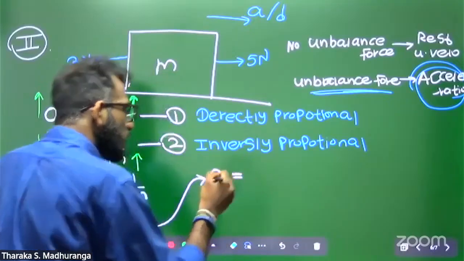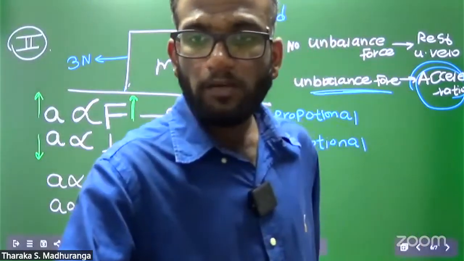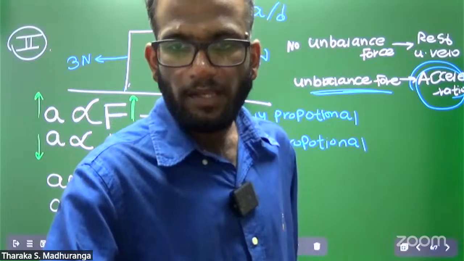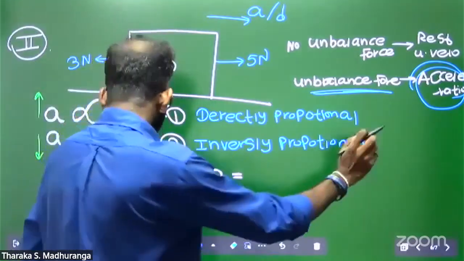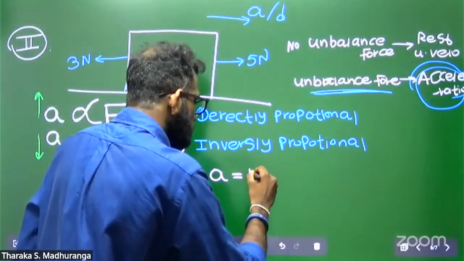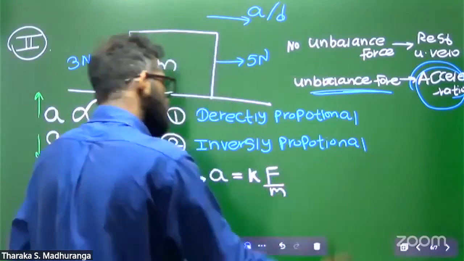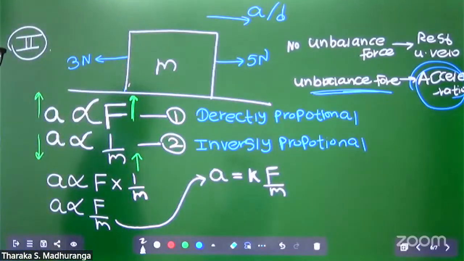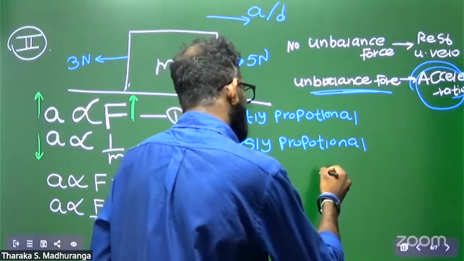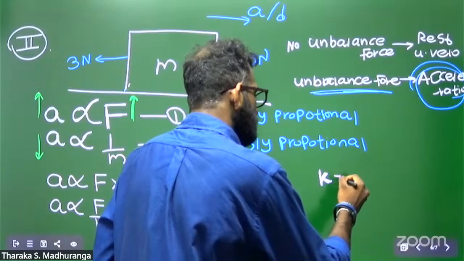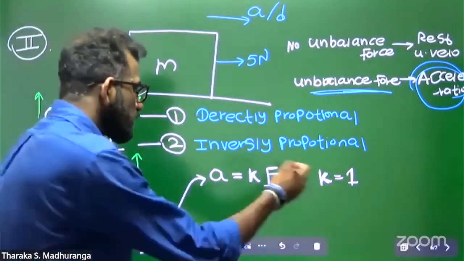In physics, if I convert the proportional mark into an equal mark, I have to put in a constant. Remember that. I use the constant k, so a equals k times F over m. Newton found that the constant k value is 1.